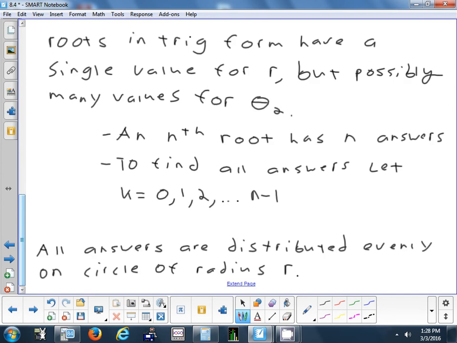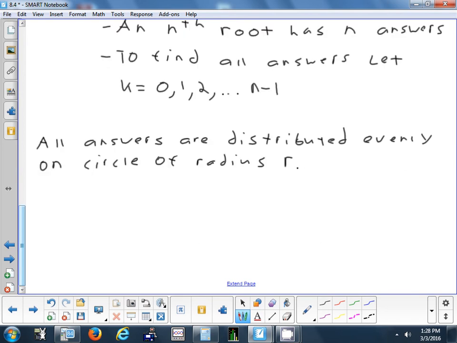I'm not going to focus a lot on drawing it, but it is kind of interesting. If you graph all your answers once you get them, they're all evenly distributed on a circle of whatever radius you find. If you were finding fourth roots, your answers might be spaced something like this. They're all equally spaced, so these would be the vertices of a square.